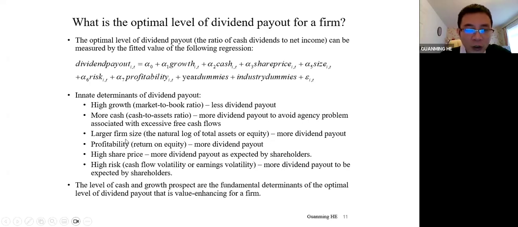And other determinants include the firm size, profitability, share price, and risk.